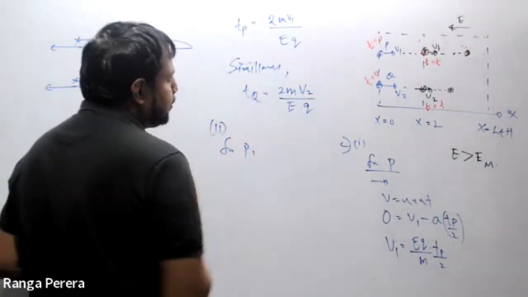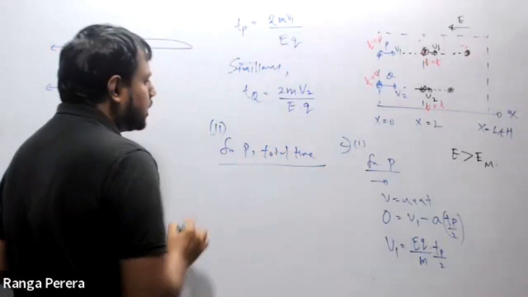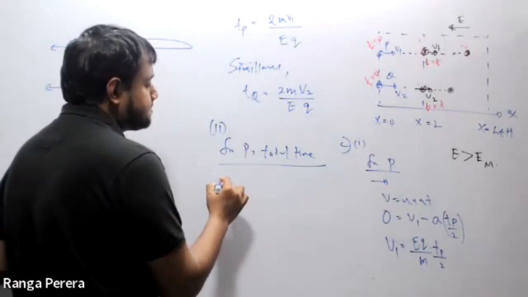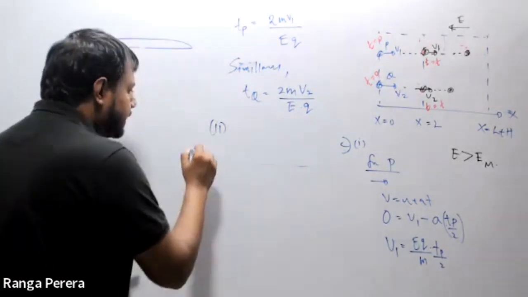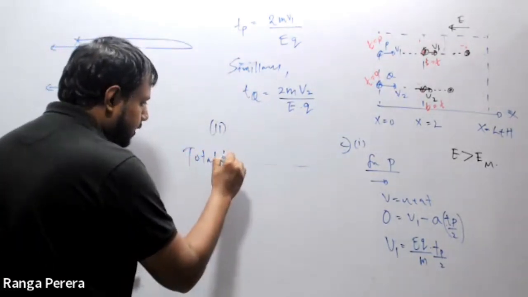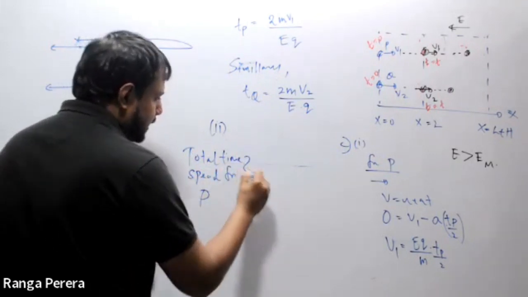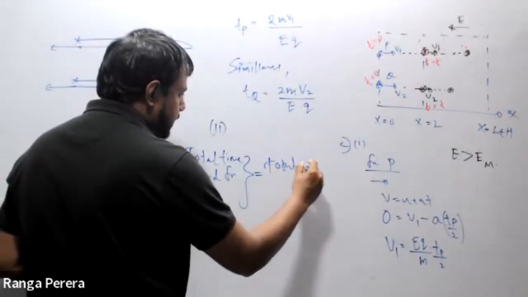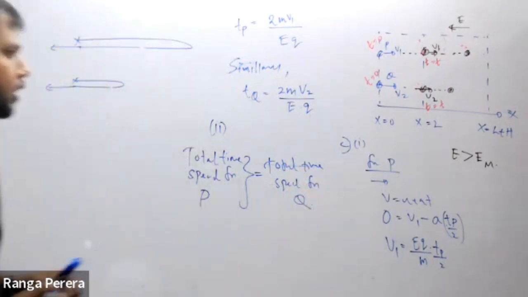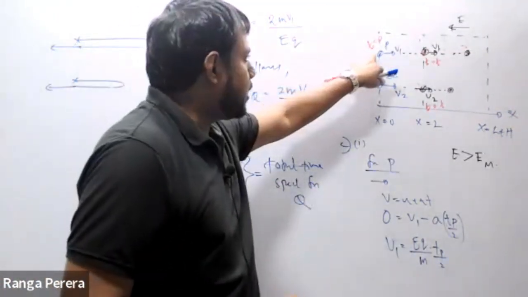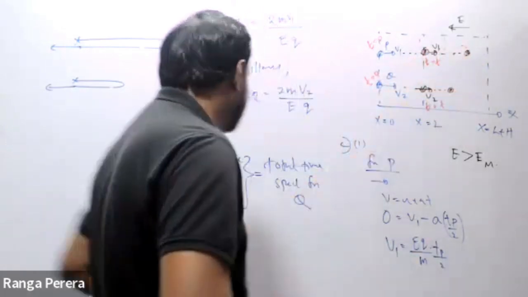For P, the total time, total time is what? I will write like this. Total time spent for P is equal total time spent for Q. Started from a certain velocity, travel up to this point, return back, travel up to this, return back up to that.